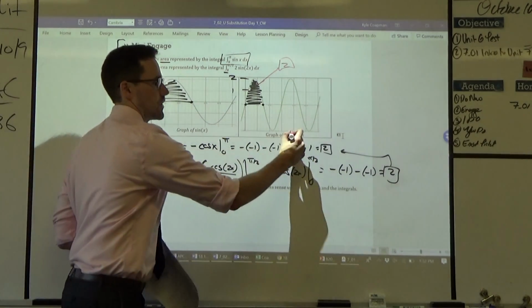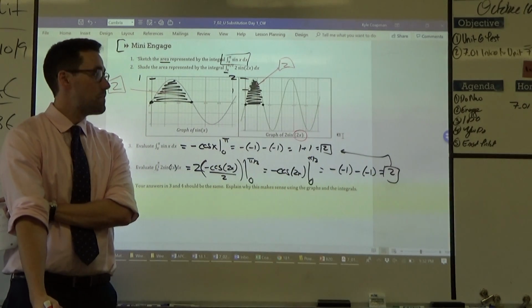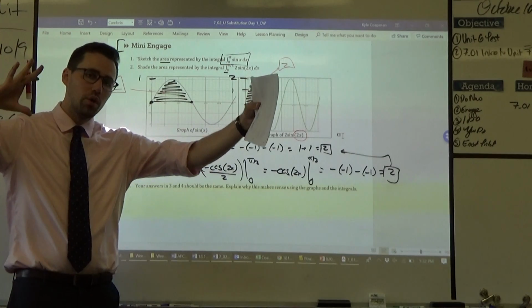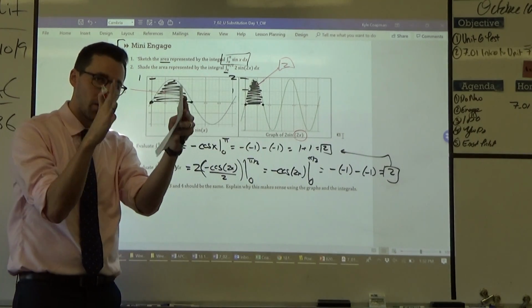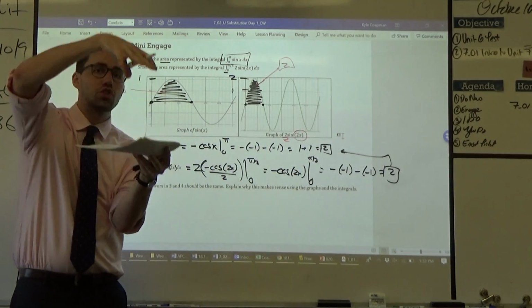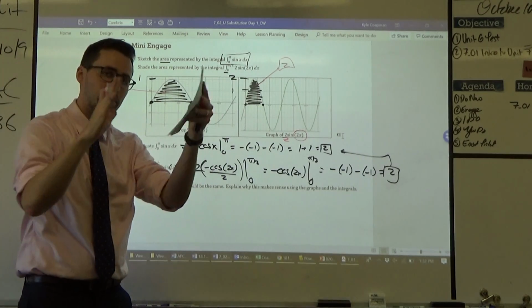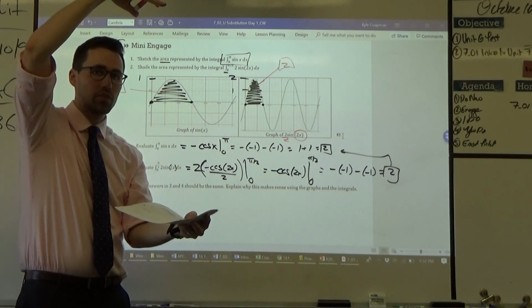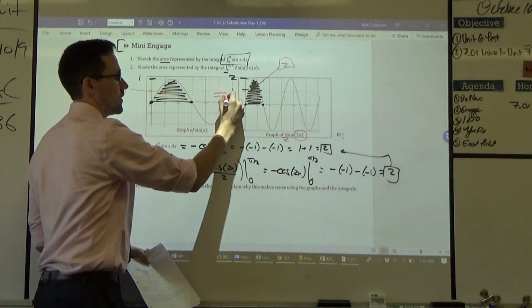If I think back to algebra 1, I'm multiplying the input by 2. That's going to cause a horizontal compression. So I'm compressing the graph horizontally by 2. But then the 2 leading the front is going to stretch the graph by a factor of 2 as well. So if I compress by a factor of 2 and then stretch by a factor of 2, those are essentially going to cancel each other out, and these two areas are equal.